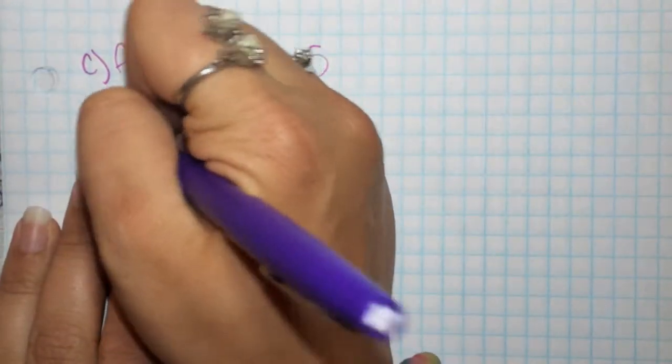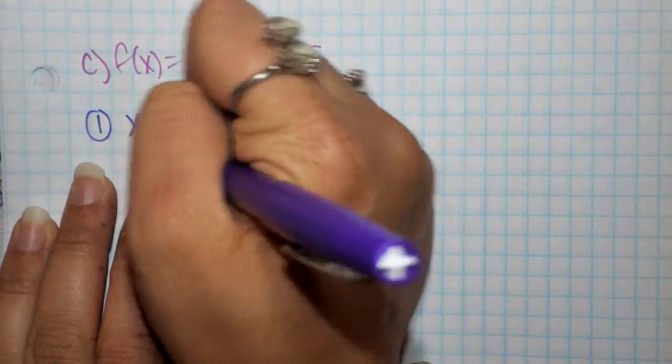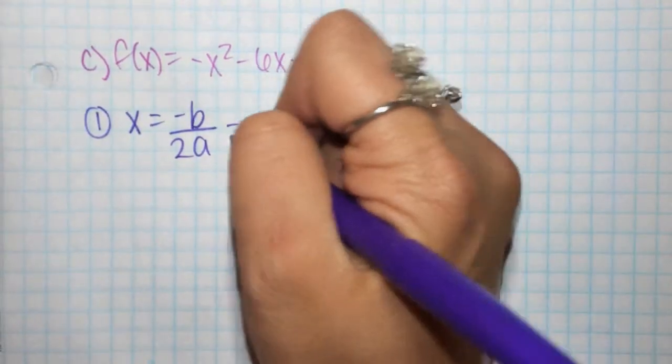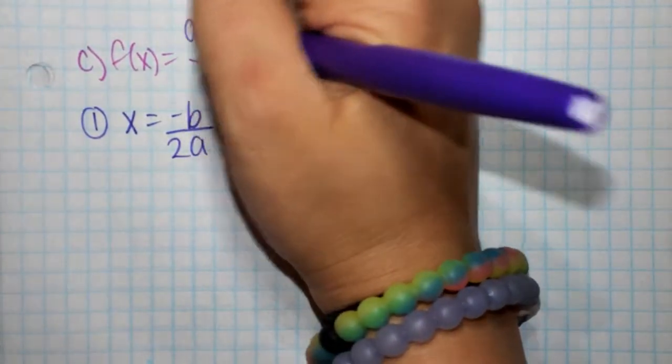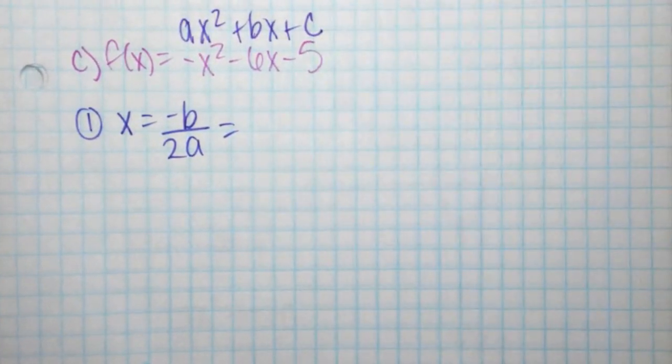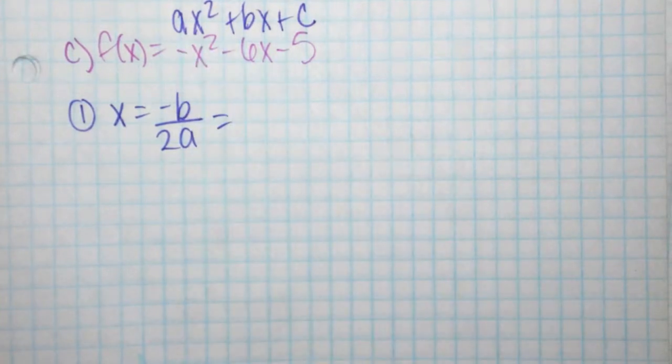Axis of symmetry, which is the opposite of B divided by 2 times A. If you don't remember what A and B are, write ax squared plus bx plus c above it. Your ax will always be squared. The A is always with the quadratic. If it's not squared, then it's your linear term and it's B.